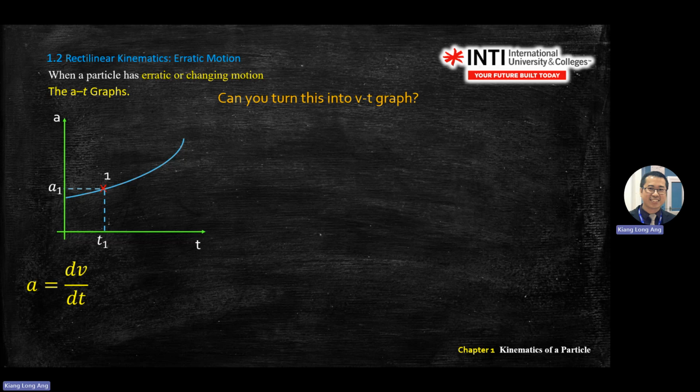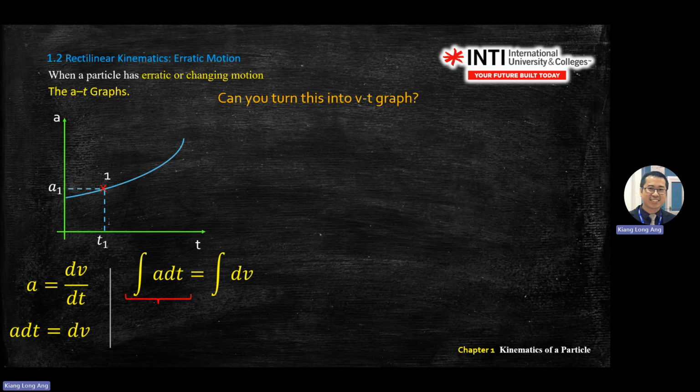So for the AT graph, each point, if you know the definition a equal to dv dt, you move dt to the left-hand side, a dt equal to dv. So you do integration, you can find the value of velocity. You take acceleration multiplied by time, you actually get back the velocity.